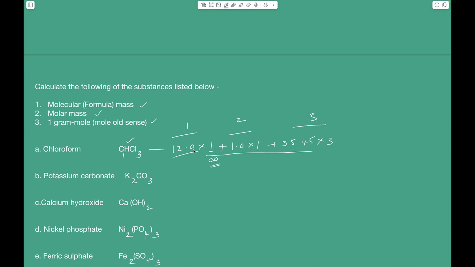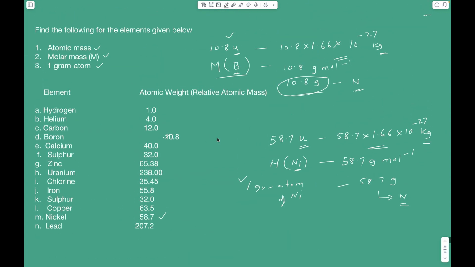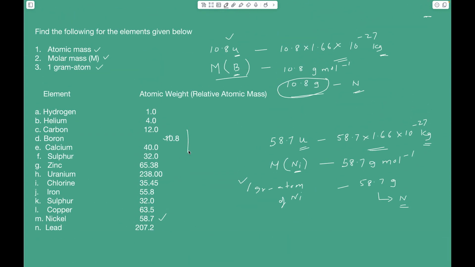Whereas this is an experimentally measured value. Remember, all the atomic weights listed here are experimentally measured, and you can never measure the value of any physical quantity up to an infinite number of decimal places.